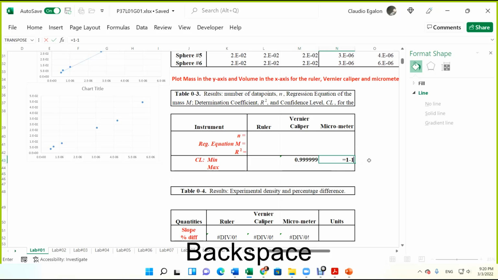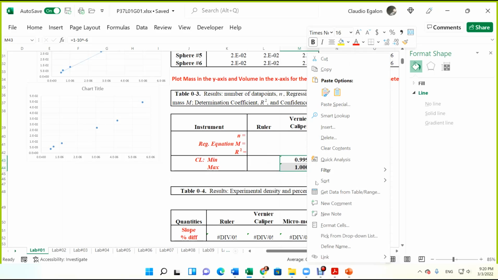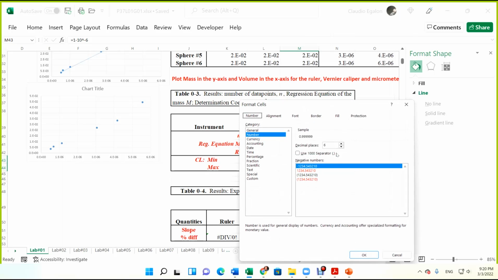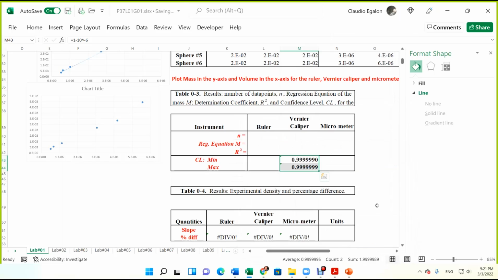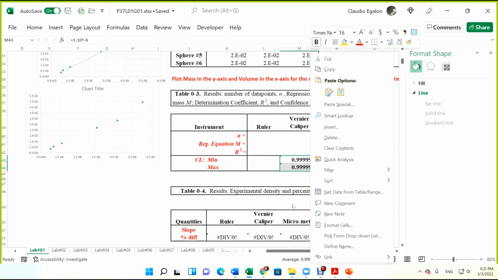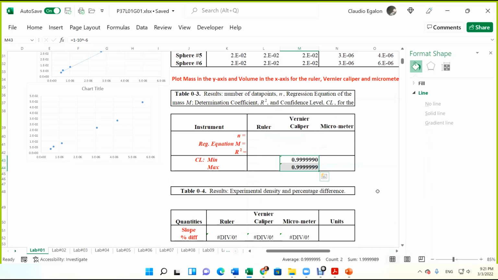Here, the other one, CL max and CL min. 1 minus 10 to minus 7. Okay? Well, it's showing 1 because I don't have enough decimal places, right? So I must increase it. Here you go. Now we got it. Did you get the idea? Let me see if I can put decimal commas there. Yeah, I can, but they don't put decimal commas on the sum. Okay, unfortunately for that. Makes sense?